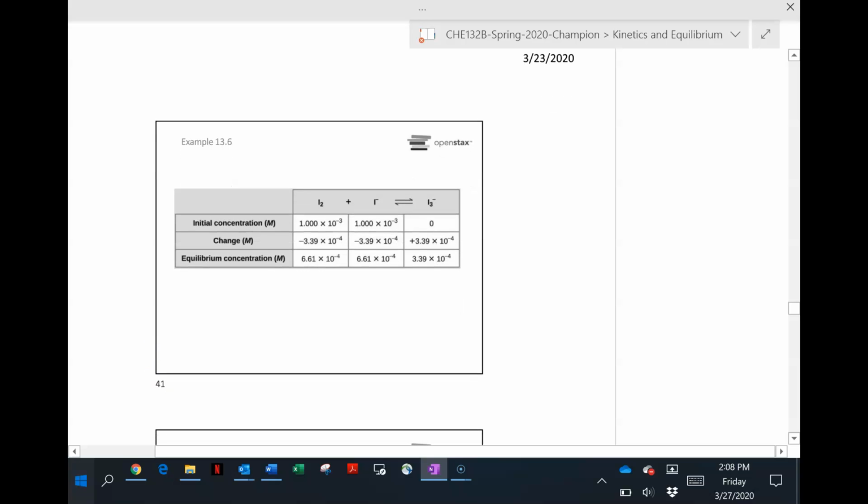So here is a situation where the changes have been identified, so we could calculate what K was based on this. So again, K is going to be I3 minus over I2 concentration times I minus concentration. So we're going to have 3.39 times 10 to the -4th on the top.